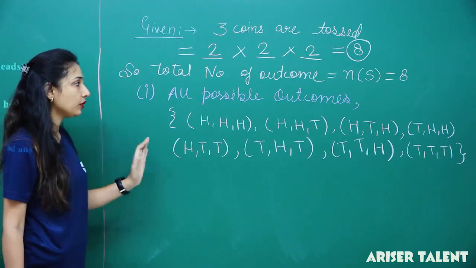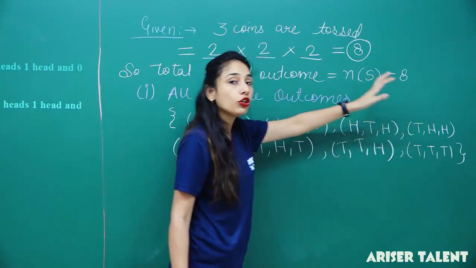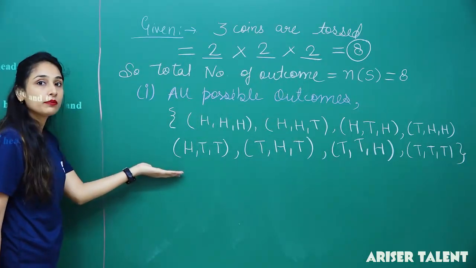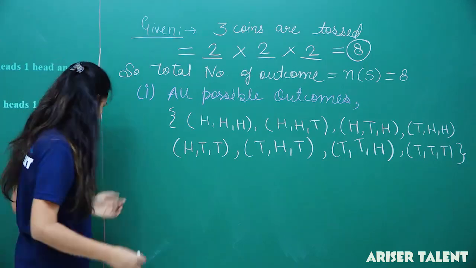Right. So these are the total outcomes. So you may note that the number of total outcomes is 8. What are all the possible outcomes? These all. So we're done with the first one. Now what is asked in the second part?